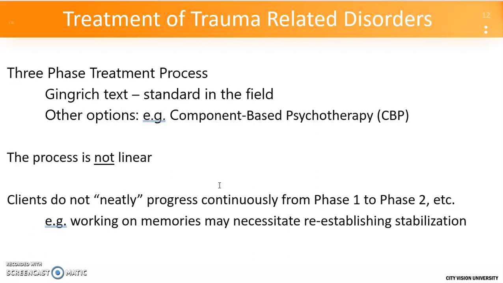And in many areas of the treatment field, including many aspects of addiction counseling, that's just not a realistic picture. And it's not even really the design in the three-phase treatment process. So, for example, in phase two, the individual will start revisiting and working on addressing some of the memories of their trauma.